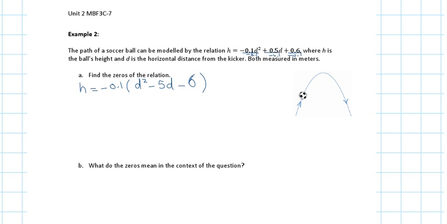Then I have to look for two numbers with a product and a sum. What's the product? And then the sum. What multiplies to negative 6 and adds to negative 5? Product is negative 6.